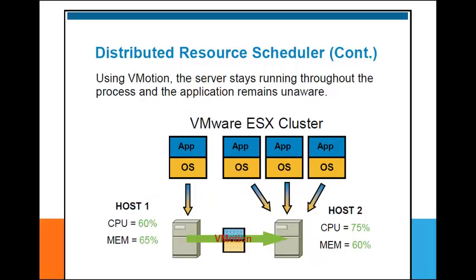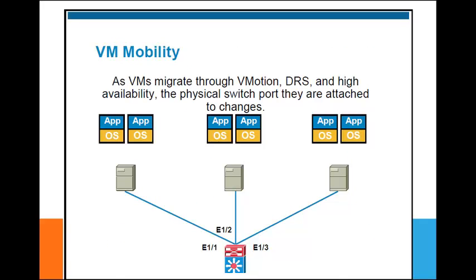Next, VM mobility. We already know that we can migrate VMs through vMotion or distributed resource scheduler, as we saw in the previous slide. So there is high availability, and physical switch ports are attached to the chain. So you have all the hardware connected to one physical machine.